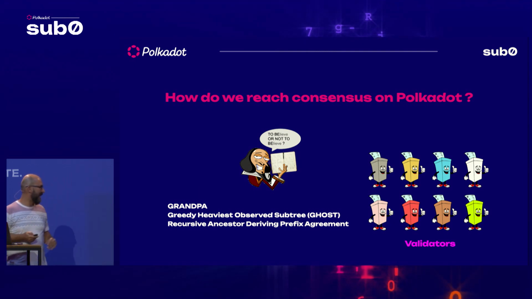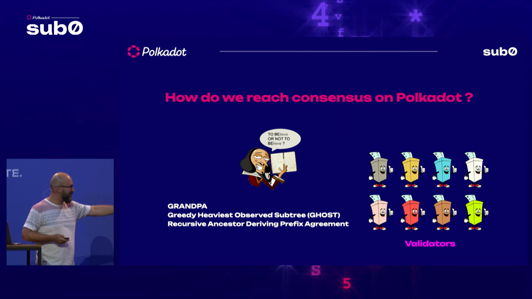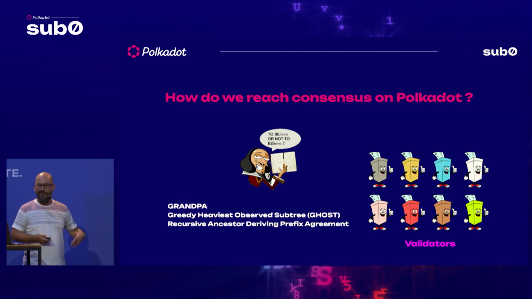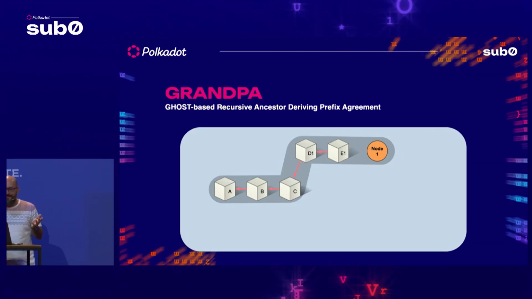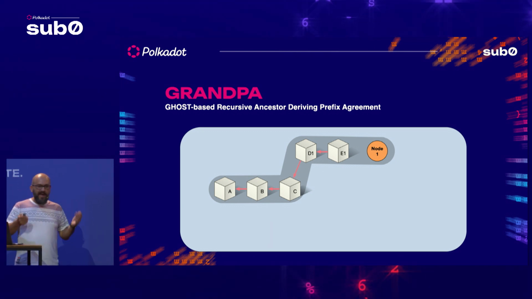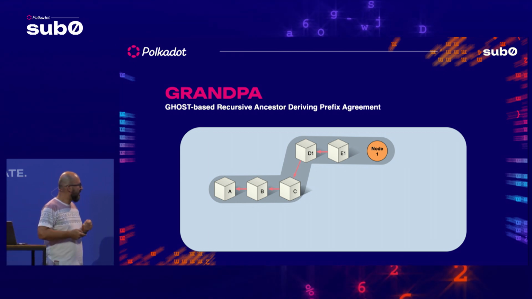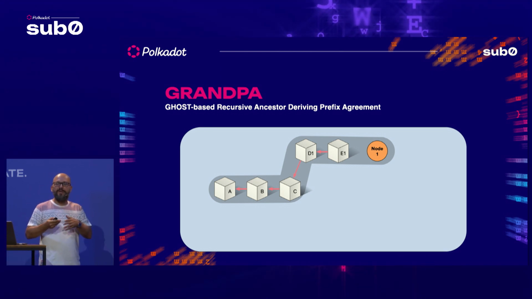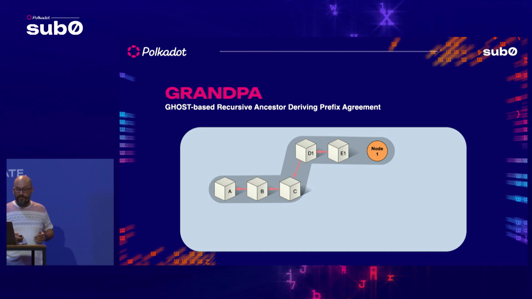GRANDPA stands for Greedy Heaviest Observed Sub-tree Recursive Ancestor Deriving Prefix Agreement, which is something, right? So what does that really mean? In Polkadot, every node votes in rounds. At each round, full nodes that are part of the validator set are going to vote for subtrees.